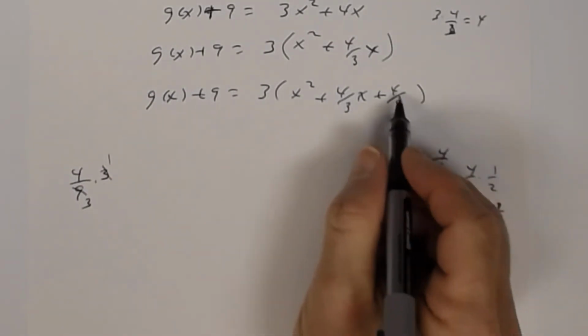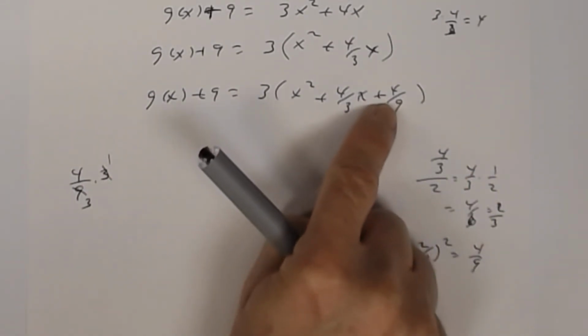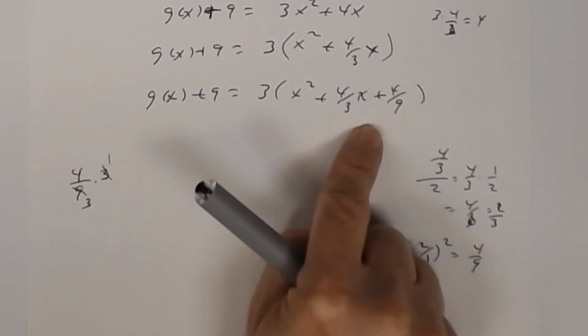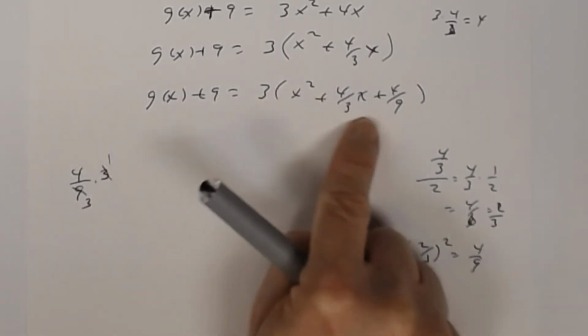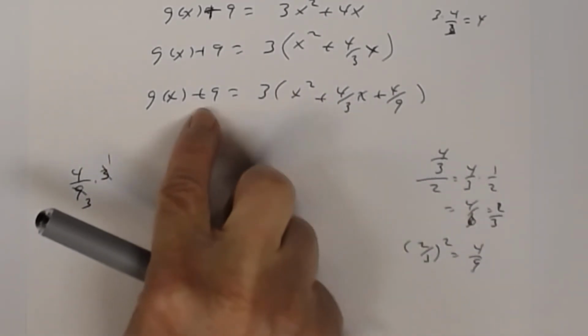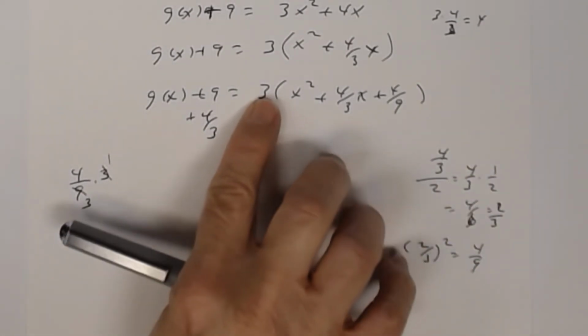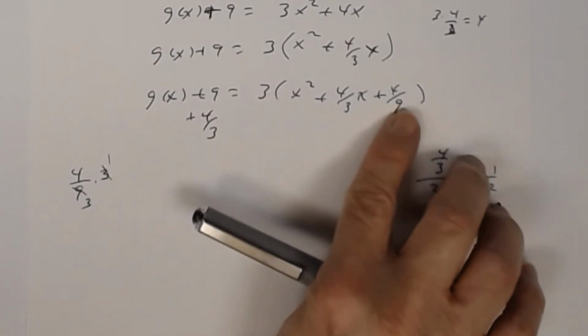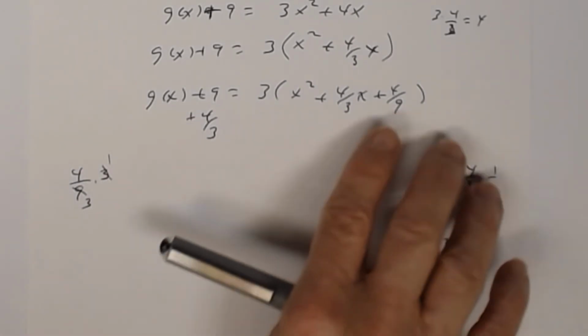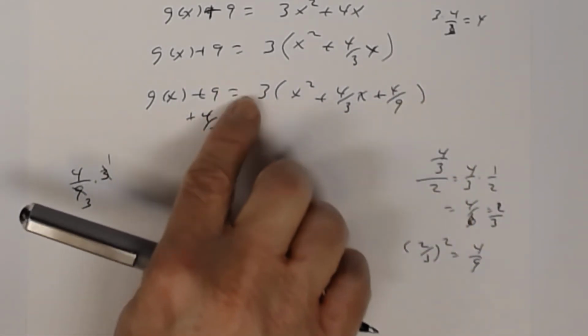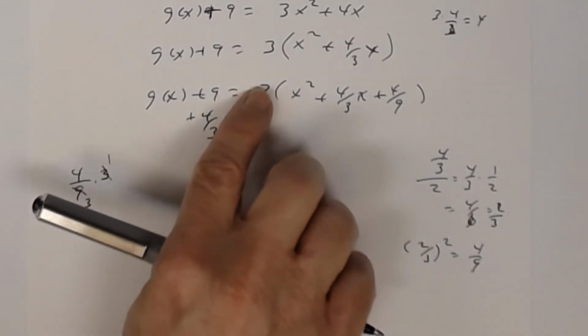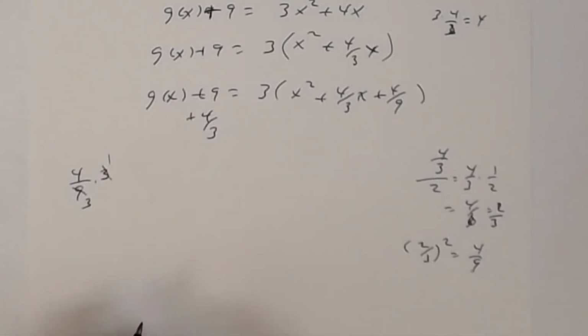So even though you added 4/9 here, you really added 4/3. So you're going to add 4/3 here, which you already have, and then you're going to add 4/3 here. All right, so you got to be careful. Whenever you do the factoring out, you're not adding 4/9 to both sides. Don't forget that's really 4/9 times this factor you factored out.